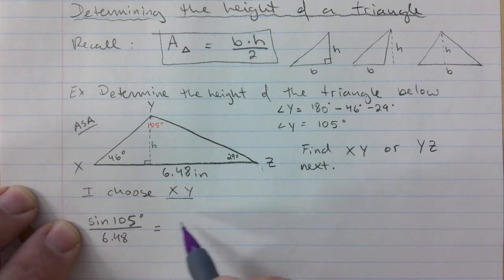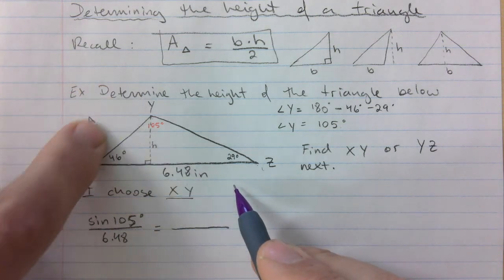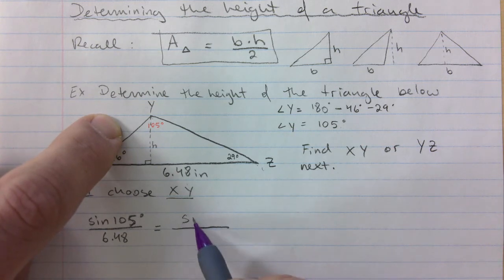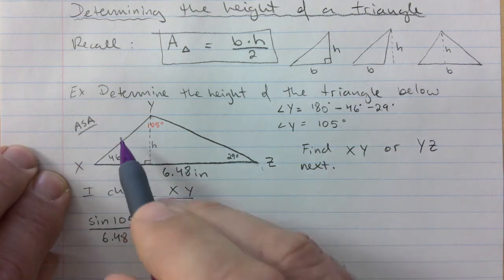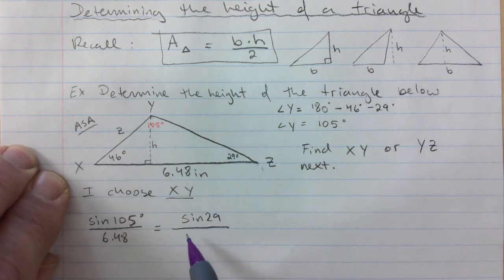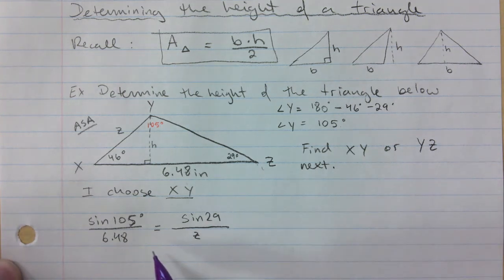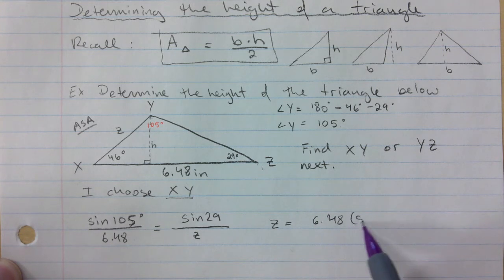And so the proportion on this side, since I want to find xy or side z as well, if you want to call it that, I would have to use sine of 29 over, let's call this lowercase z, why not? It's easier that way. And so we cross multiply. So z is equal to 6.48 times sine of 29.